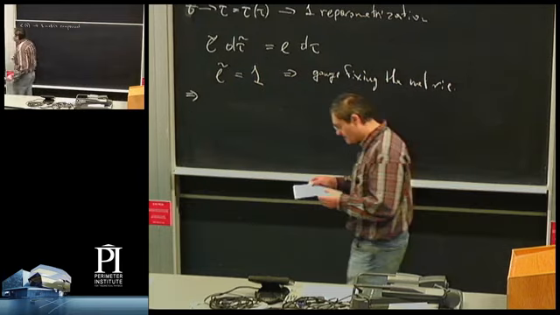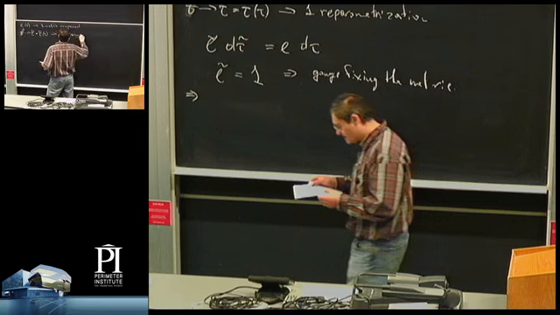So I can redefine my coordinate tau, right? So tau goes to tau tilde, which is a function of tau. So one reparametrization.